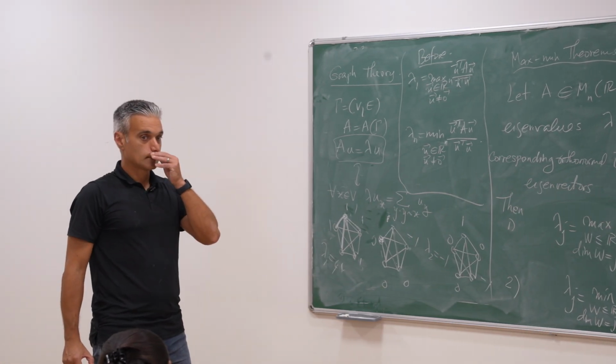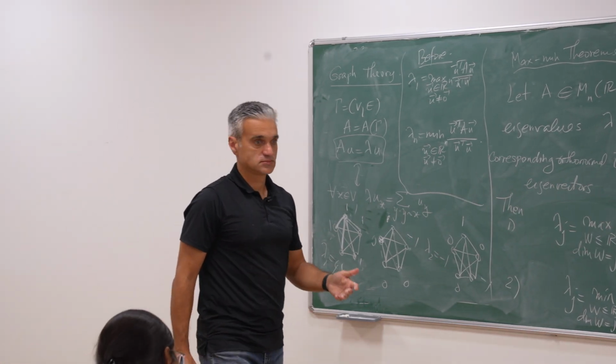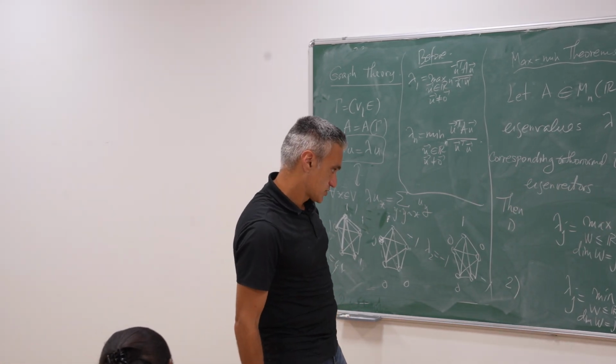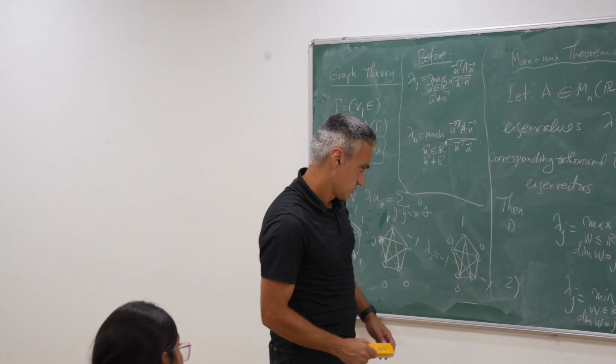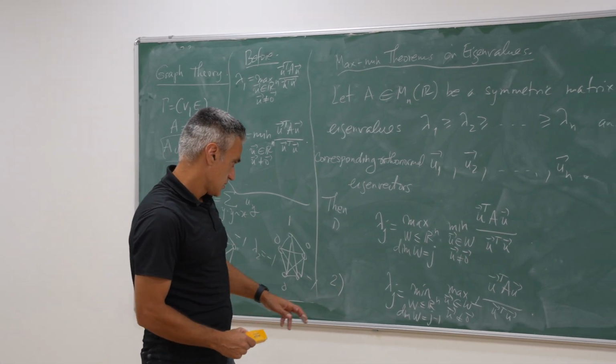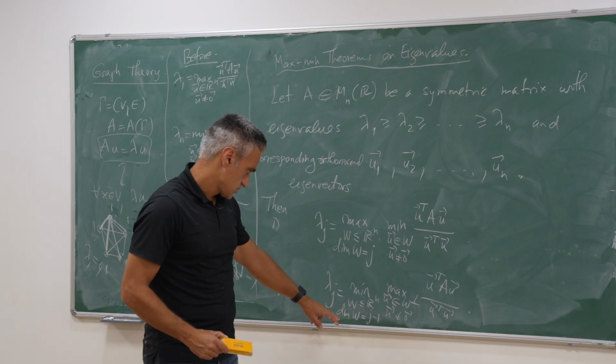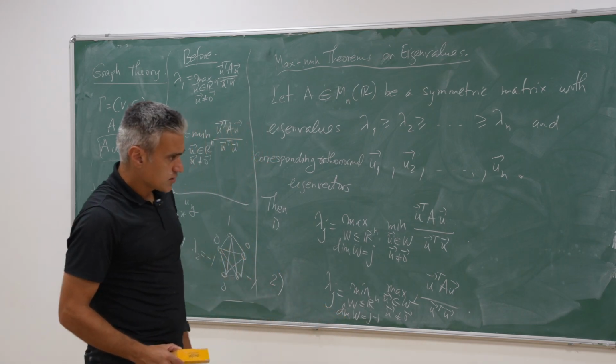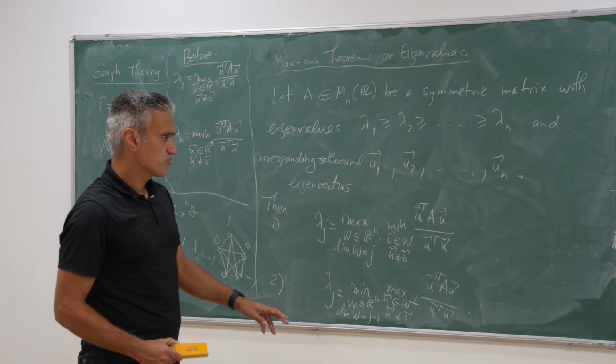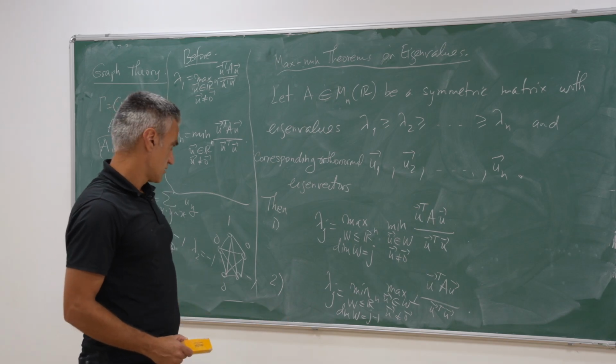Okay. Which one? Dimension n minus j plus 1. No, I'm fine, I think. N minus j plus 1.